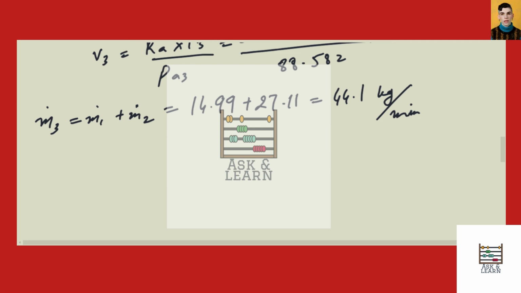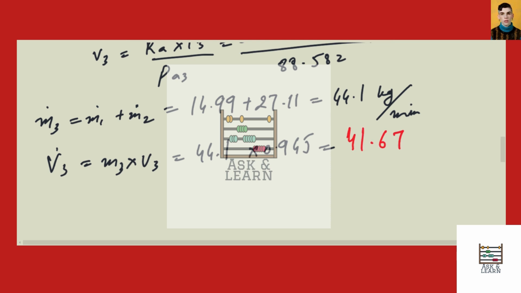And finally, we can calculate the volume flow rate, that is V3 is equal to M3 into v3, is equal to 44.1 multiplied by 0.945, is equal to 41.67 cubic meters per minute.